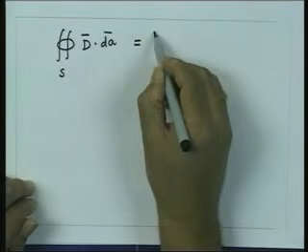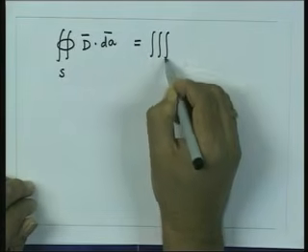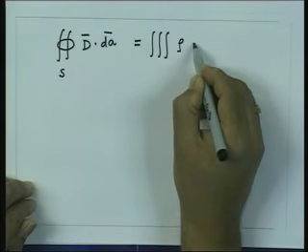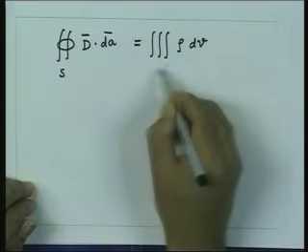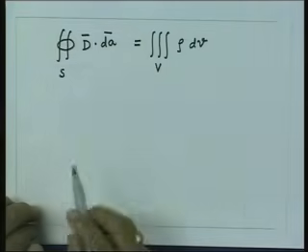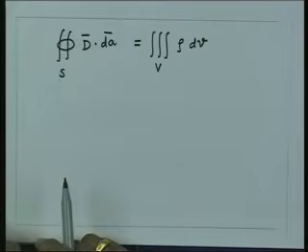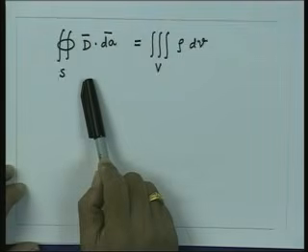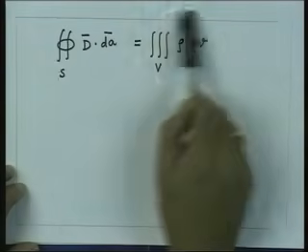So, if I find out the total charge in this volume, rho into dV over this volume V, that gives me the total charge enclosed by the surface. So, mathematically the Gauss law can be written as simply finding out the total displacement integrated over the surface and the total charge integrated over the volume.